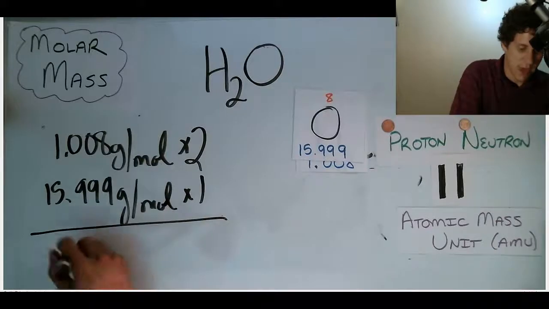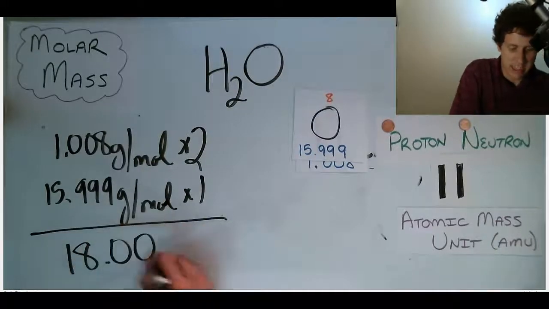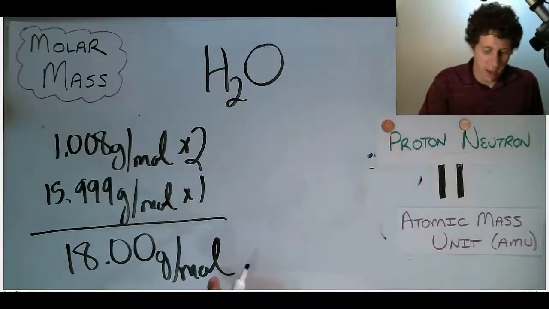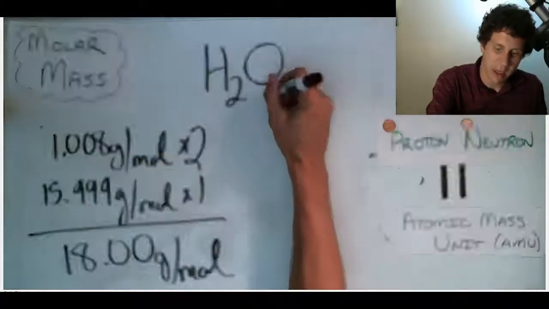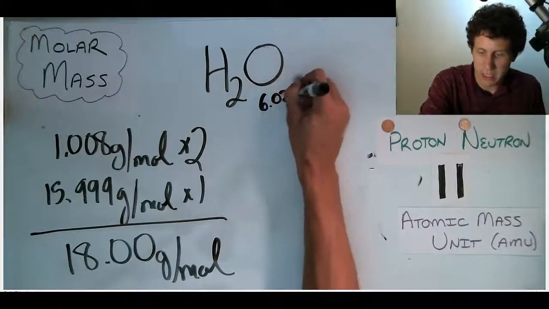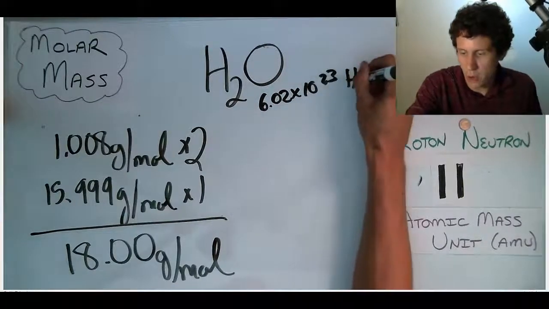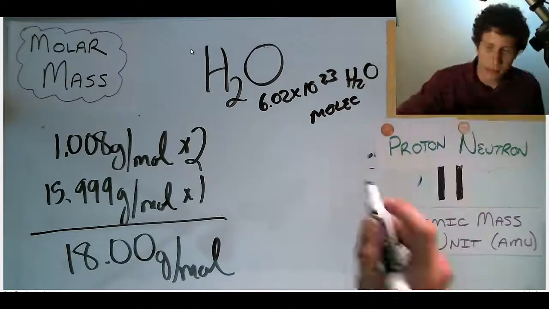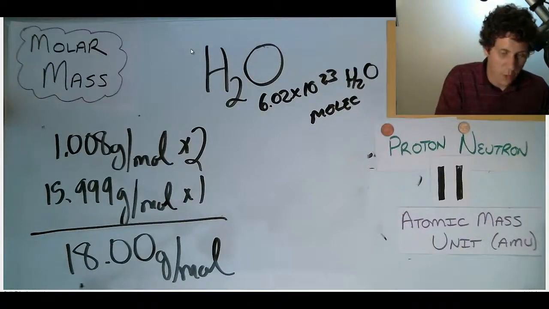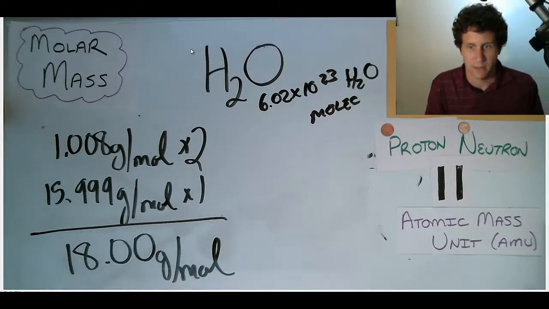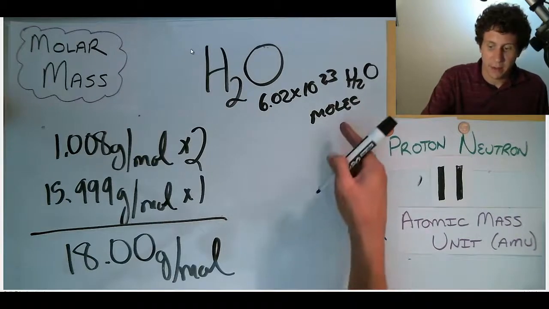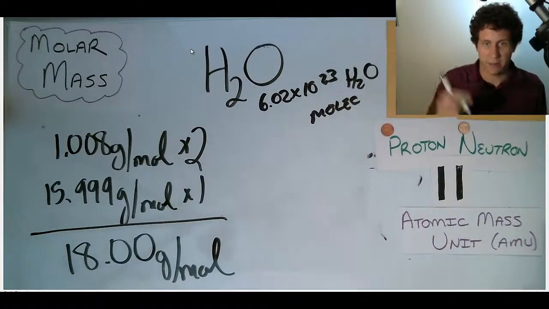If I do the math, you end up with about 18 grams per mole. That means for every mole of water, for every 6.02 times 10 to the 23rd H2O molecules I have, it will weigh 18 grams. That is a huge tool in allowing me to calculate or keep track of molecules and atoms.